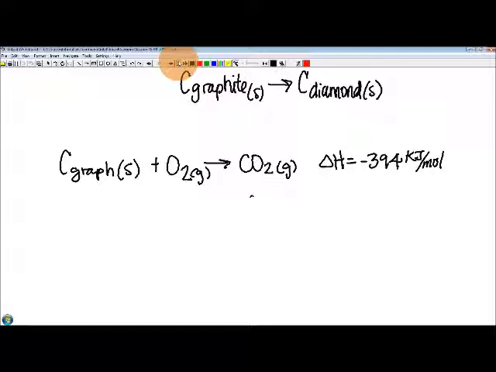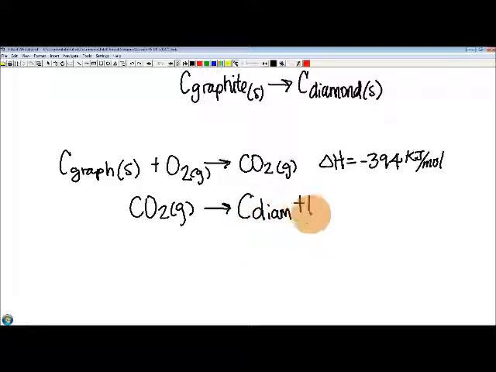So the CO2 is going to be on the reactant side, and that's the only product turning into a reactant. And then the two products are going to be what used to be reactants: the carbon of diamond plus the oxygen gas.